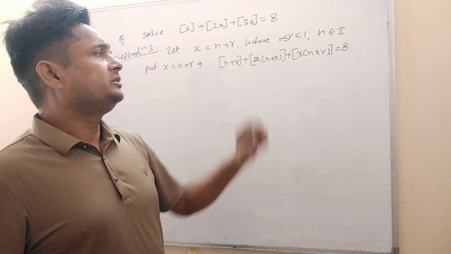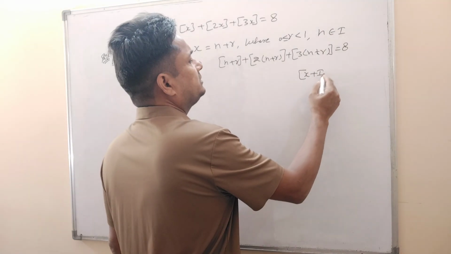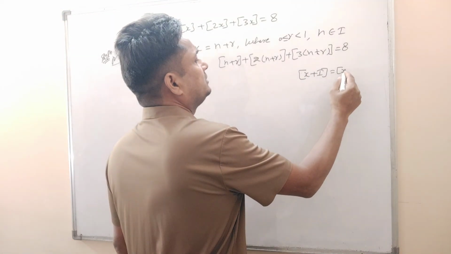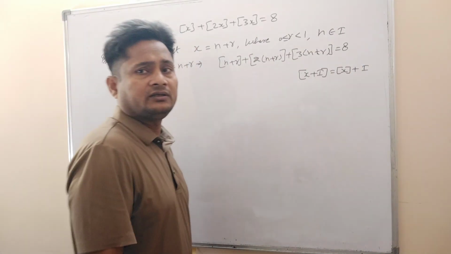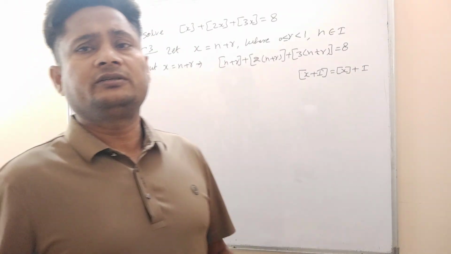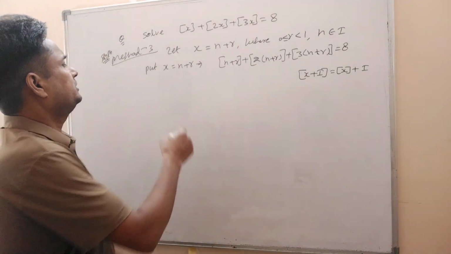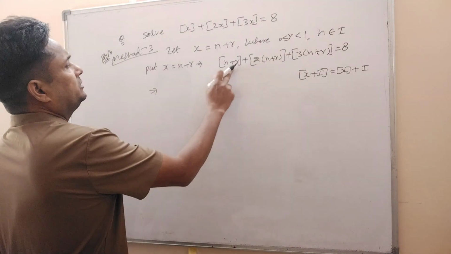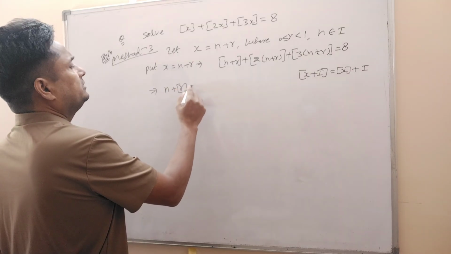Now simplify this. What is the property? Greatest integer of x plus y is greatest integer of x plus y, when x is an integer. We can use this property. So by using this property in this equation, we can write this as n plus greatest integer of r.